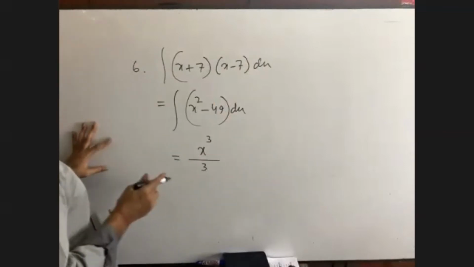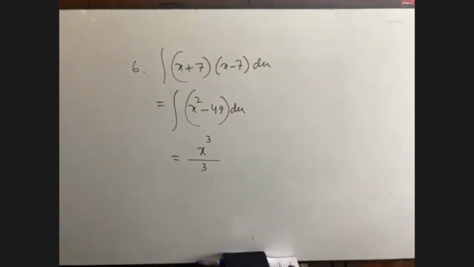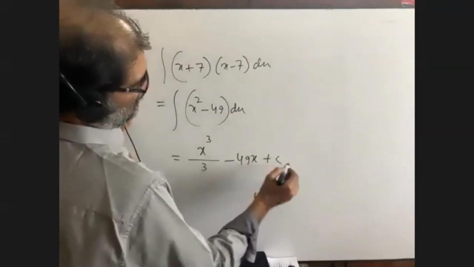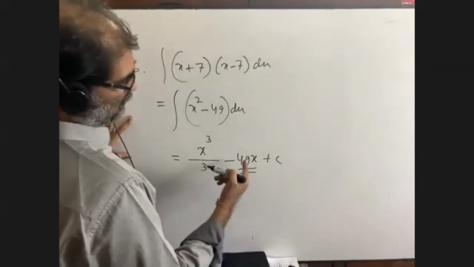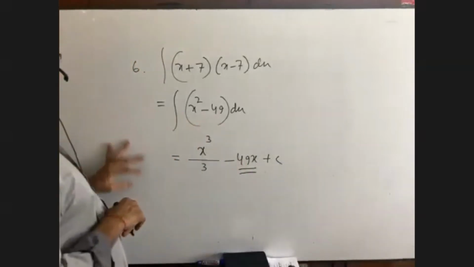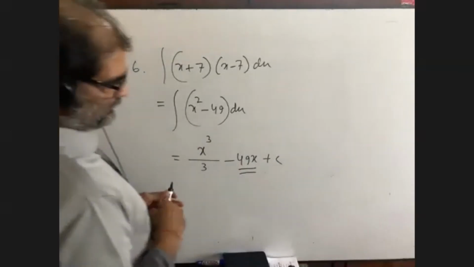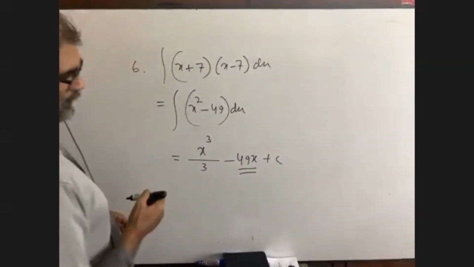Then what should we write? Minus 49x plus c. You are absolutely right, 49x, because its differentiation is only 49. Okay?